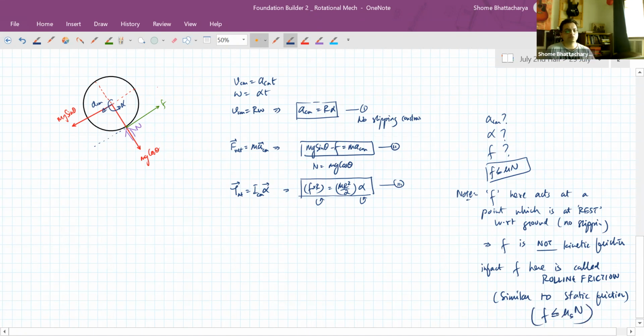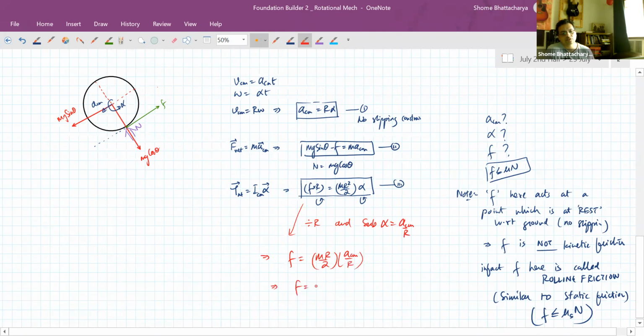Now the method of solving will be the same that we discussed yesterday: you always start with the torque equation and first divide both sides by r, and substitute alpha as a_cm by r. So when you divide both sides by r, you're getting friction equal to mr by 2, because I've divided by r, and then I'm substituting alpha as a_cm by r.